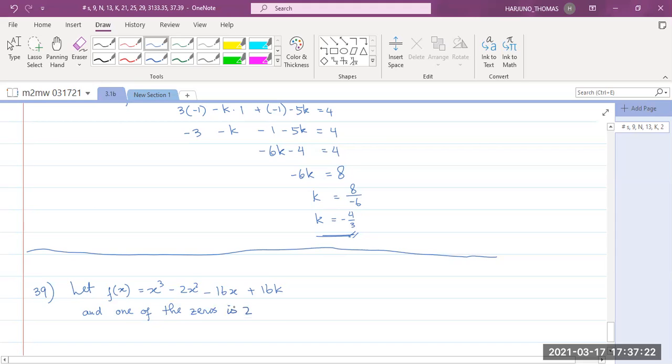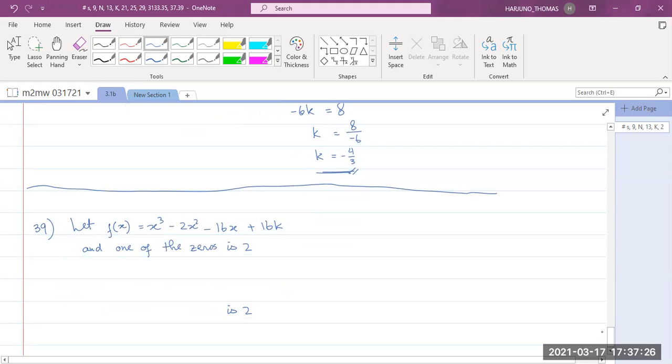The question is, find the 2 other zeros. How do we know that there should be only 2 other zeros? From the fundamental theorem of algebra that we will see in 3.3. This is a polynomial with degree of 3, so it should have 3 zeros.